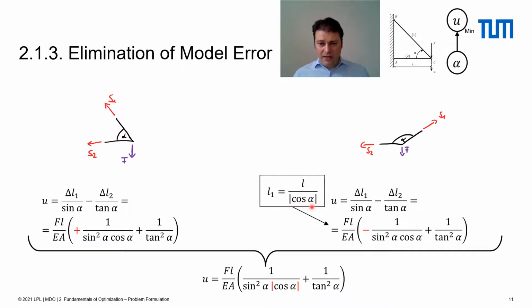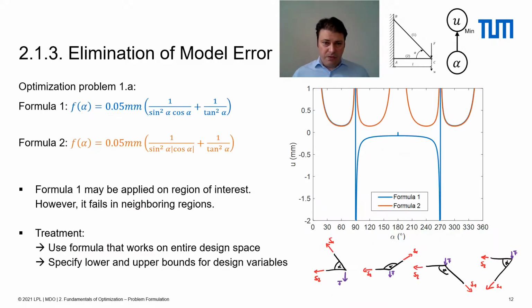And if you use that, you in fact come up with this expression, or an expression that would be correct for both cases, alpha below 90 degrees and alpha above 90 degrees, and that would be this here. If you plug that into your objective function, you'll come up with a solution that looks like this, and that makes a lot more sense.